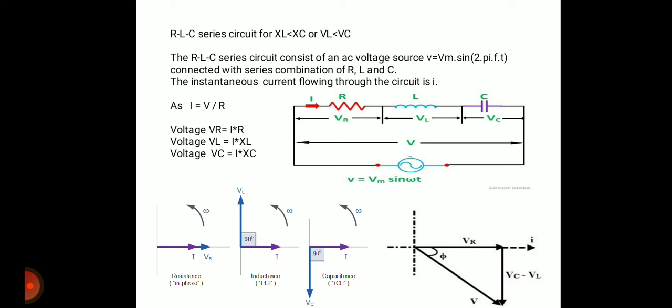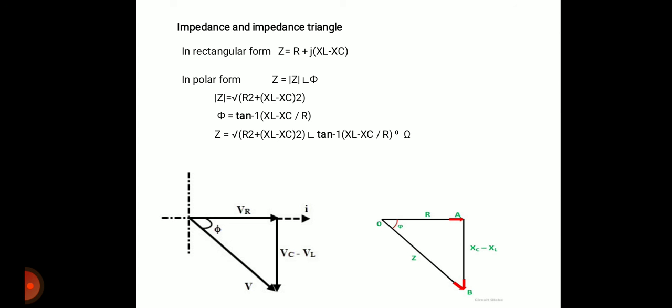From the resultant phasor diagram, which is shown rightmost, we can see there is a voltage triangle which has three sides, VR, VC minus VL and V. The same voltage triangle is drawn here. So how to get the impedance triangle from it? Divide each side of that voltage triangle by current I. By dividing each side by I, we get R, Z and XC minus XL, which is the impedance triangle.